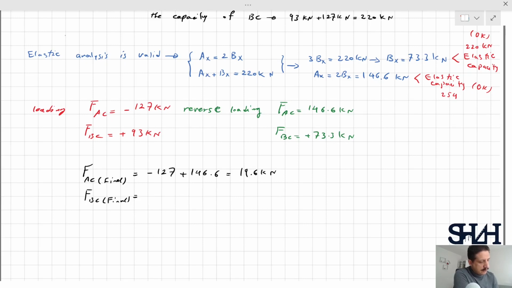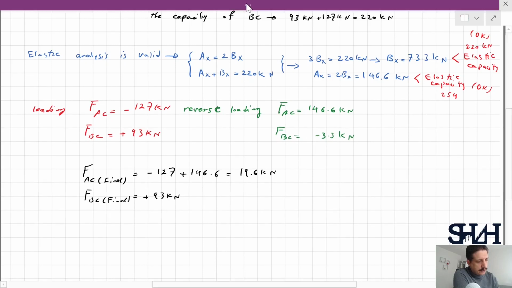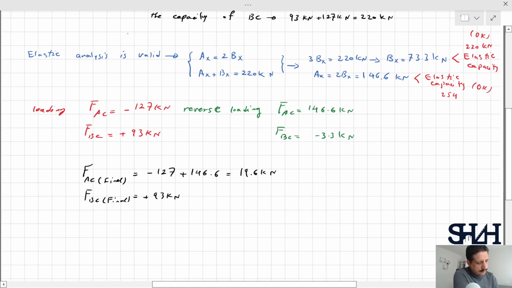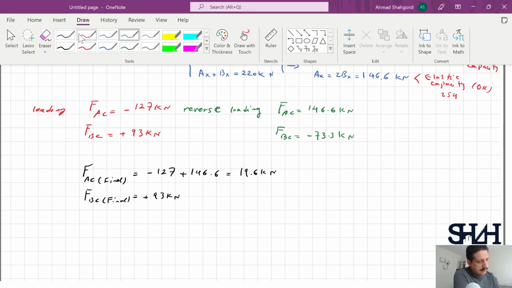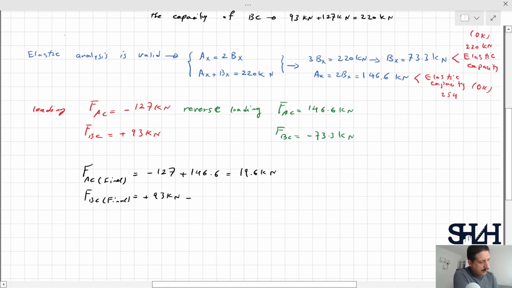So plus 93 kilonewton. Right here it was in compression. Minus 73 in the reverse loading. Minus 73.3 kilonewton, which is 19.7. So to be exact, it will be 19.66 and the other one will be 19.66.